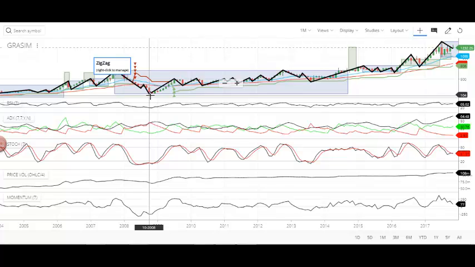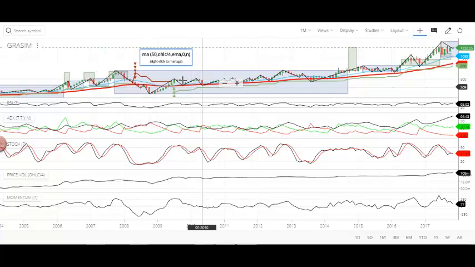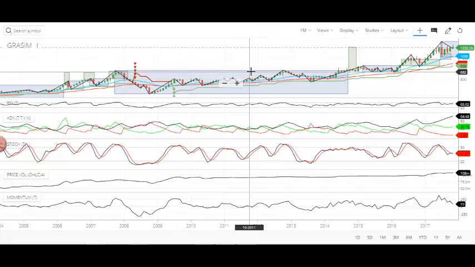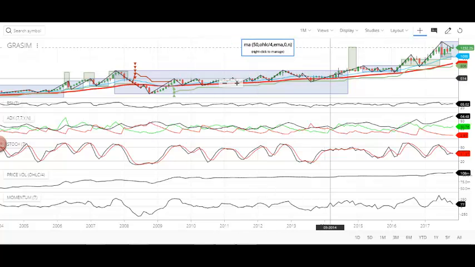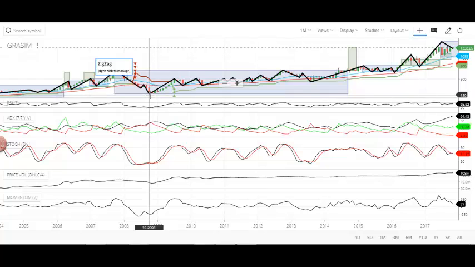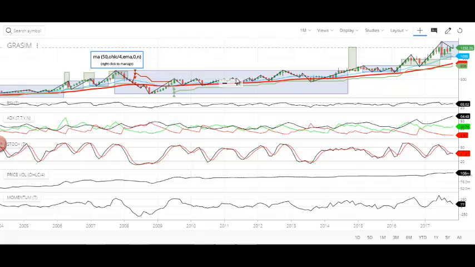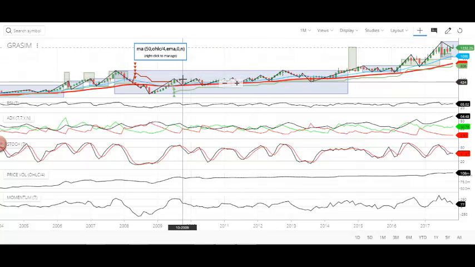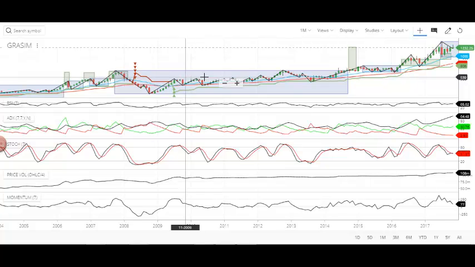October 2008 onwards, actually, the movement has started, but I am keeping crosshairs here so that you can clearly see that up to this point there is a lot of sideways movement, and again at this level a lot of sideways movement like this. So I am taking this as the origin, and since October 2008 onwards, the stock started moving in the upward direction, but it is not making big new highs.